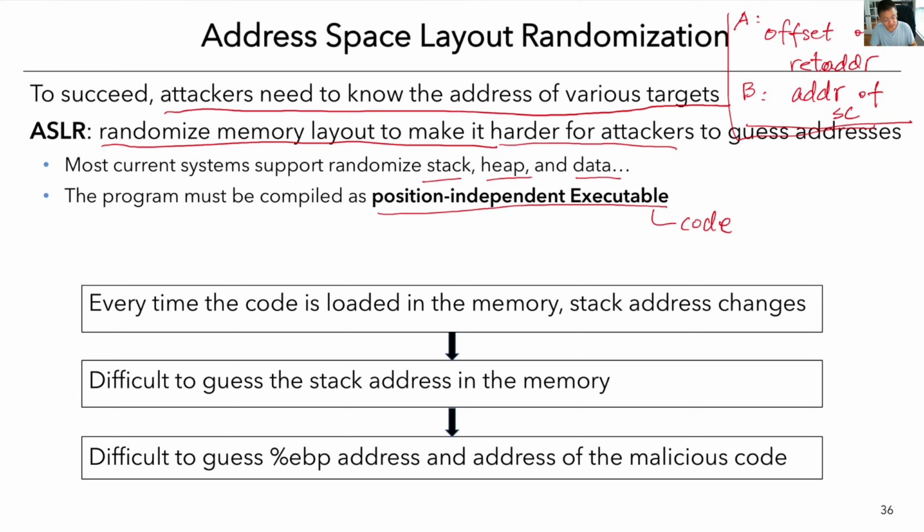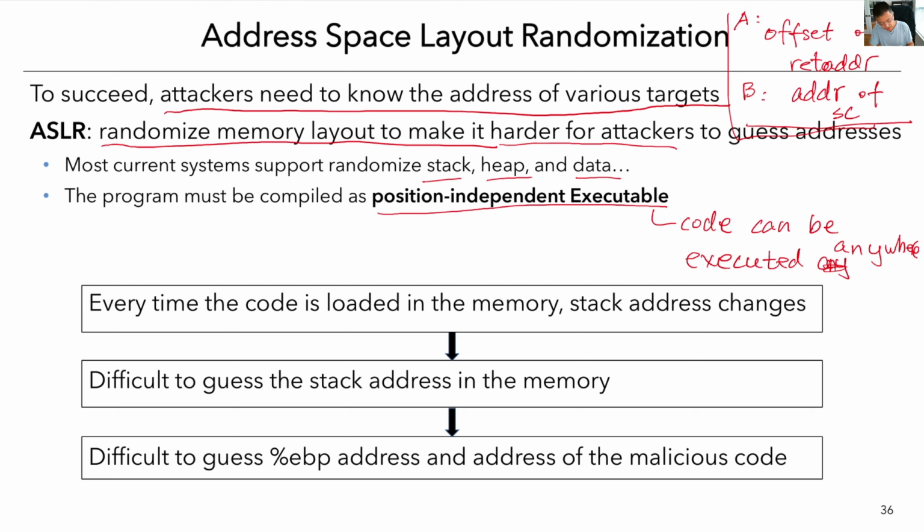Position-independent executable means that your code can be executed anywhere in your address space. It's a special type of construction for your program, which will enable your code to be executed anywhere in the address space.